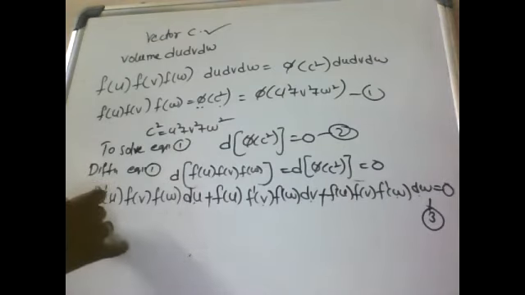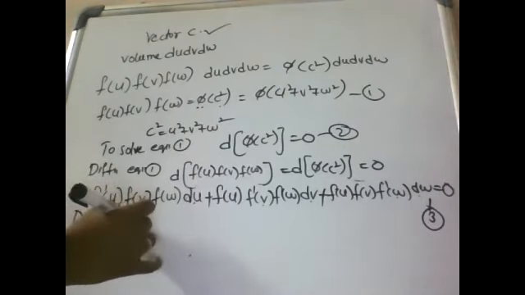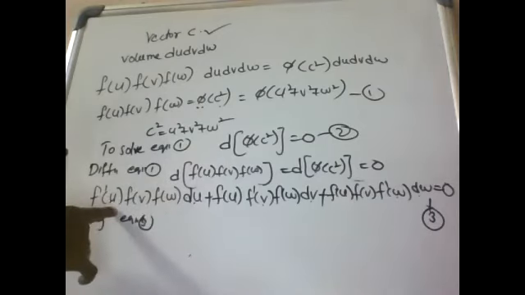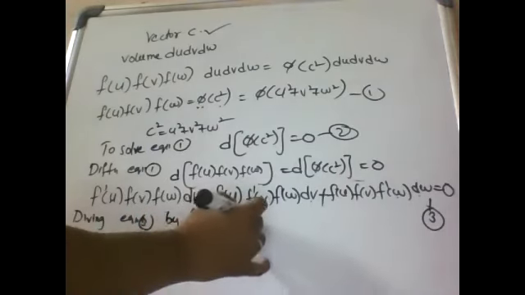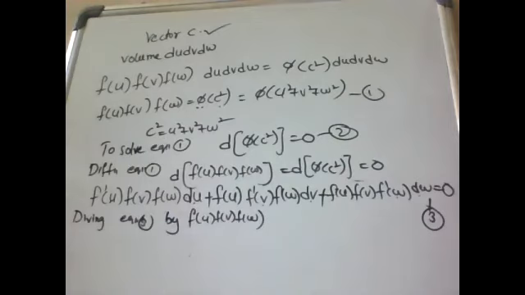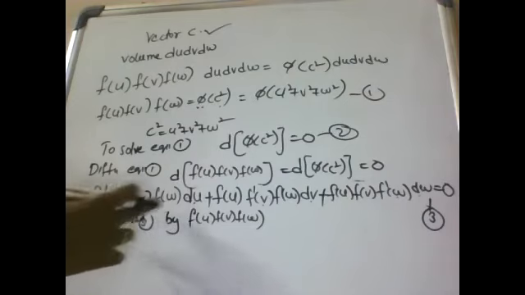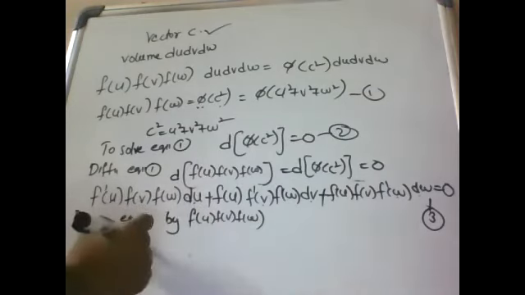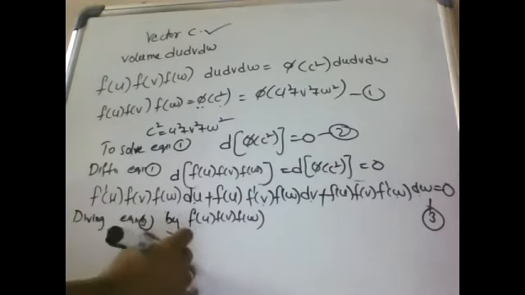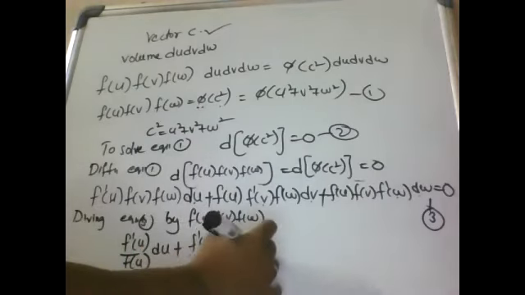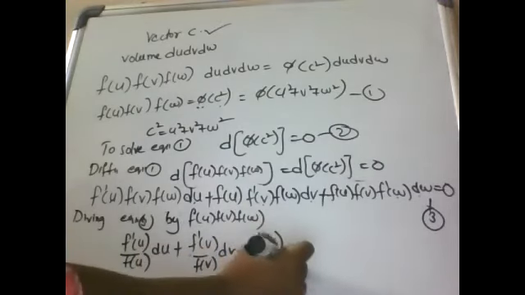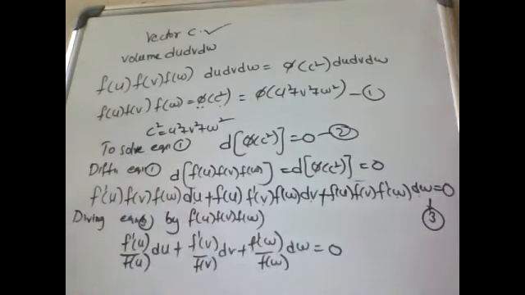Next, dividing equation 3 by f(u) f(v) f(w), we get f'(u)/f(u) du plus f'(v)/f(v) dv plus f'(w)/f(w) dw equal to 0.